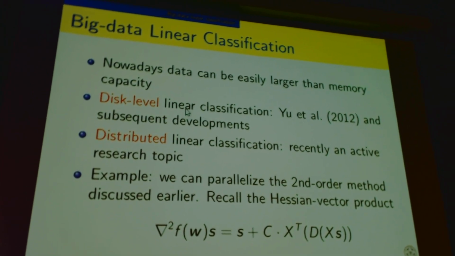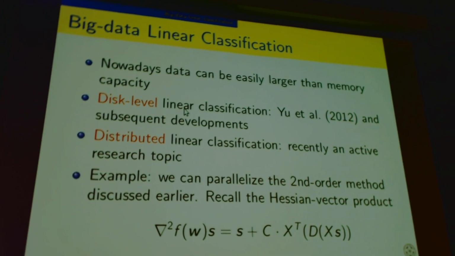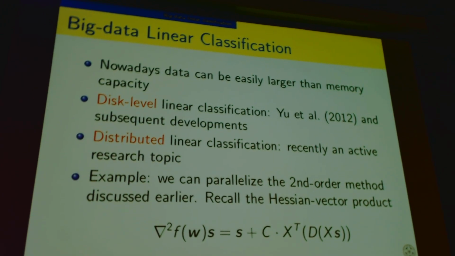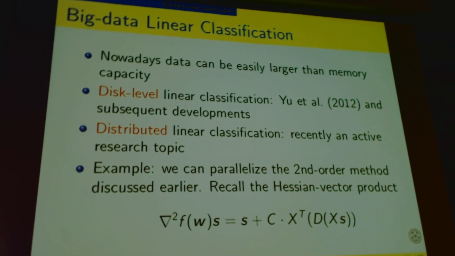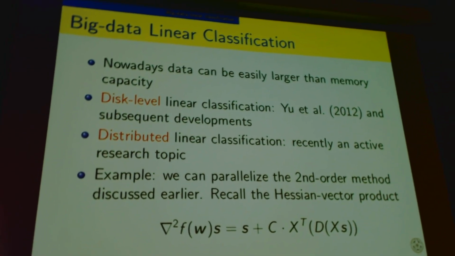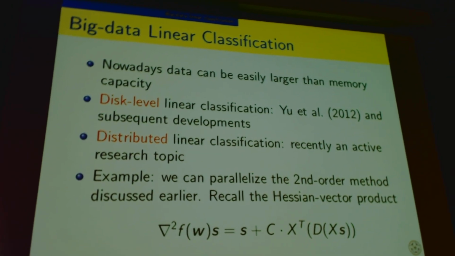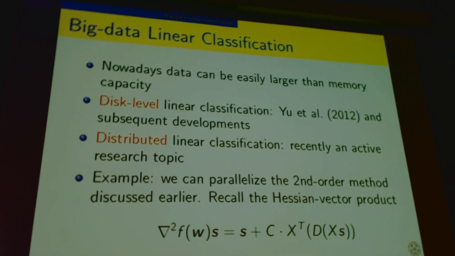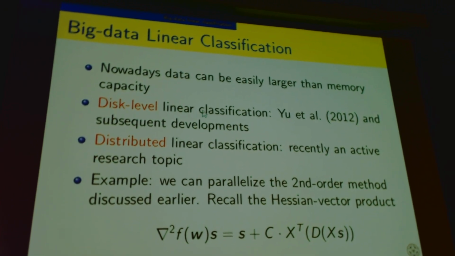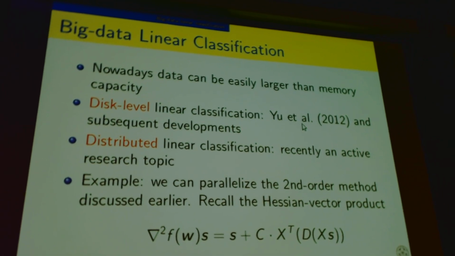Well, one thing you can do is to do disk level linear classification. Okay? Because usually the disk size is bigger than the memory size. Yeah. But of course, accessing data from disk is very slow. So therefore, we need to design methods which are smarter to reduce the number of data accesses from disk. Yeah. So earlier we actually have a paper and a small package for that.